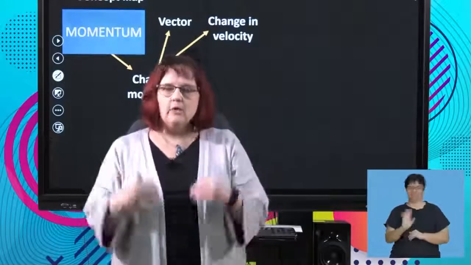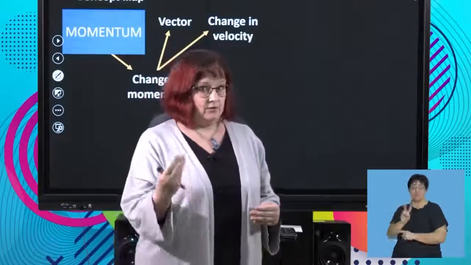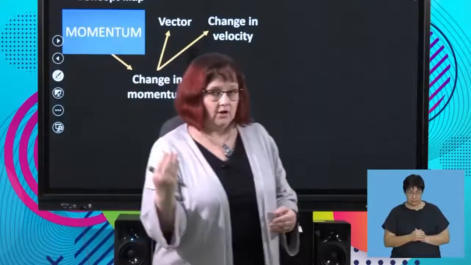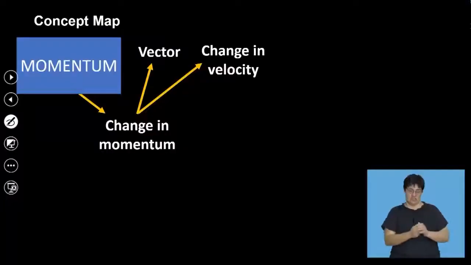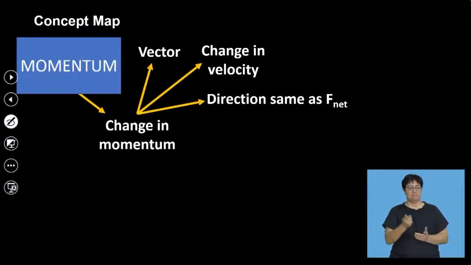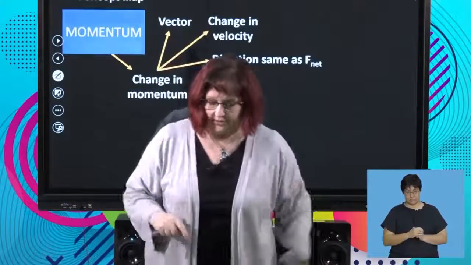So we're going to consider what happens when the velocity changes. When velocity changes, it's a vector that's changing. Because it's a vector, it has a direction. That direction is the same as the net force. This is what we have to keep in our minds.